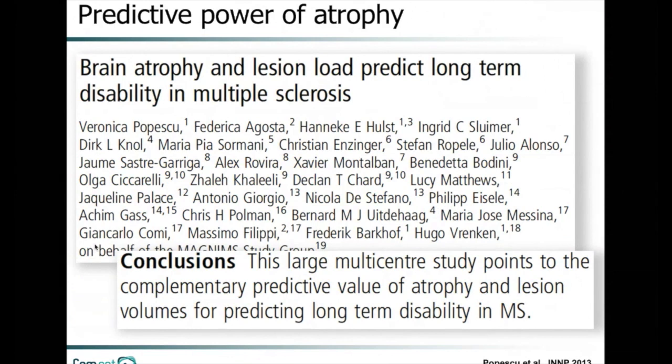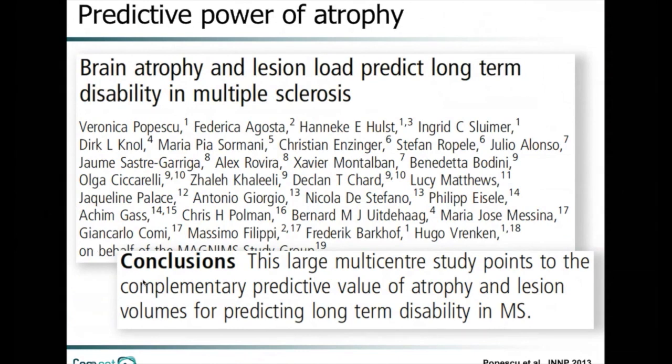And you can tell me now, okay, this is just looking at brain volume loss separately from other outcomes. And the good thing is that we also have data showing us that the predictive value of atrophy is not just alone, but it also fits very well in models together with other very important parameters such as EDSS worsening or appearance of new lesions.